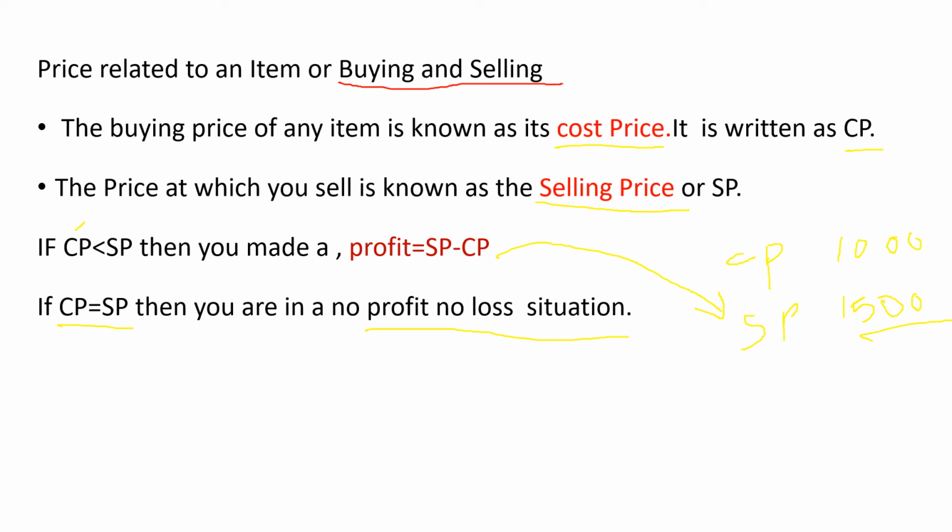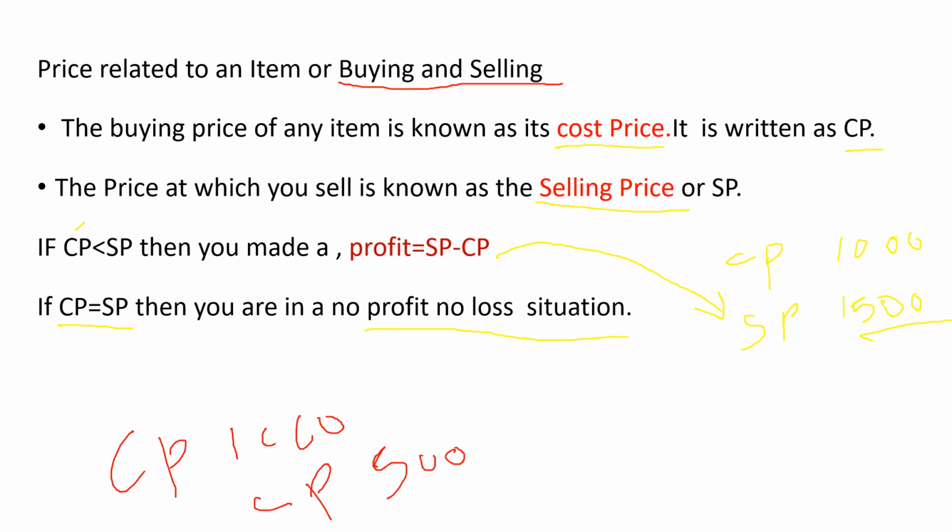For example, if you're buying for 1,000 and you're selling to maybe your best friend for 500 rupees, so it is a loss, right? You wasted 500, because your cost price was 1,000 and you sold it for 500.